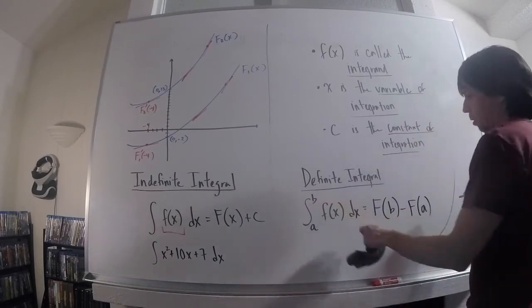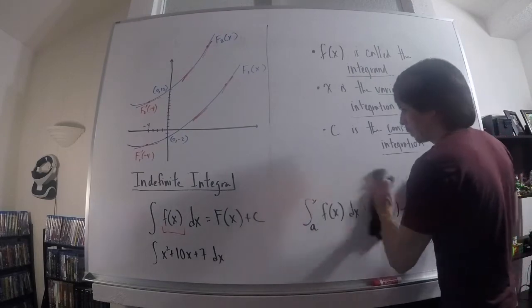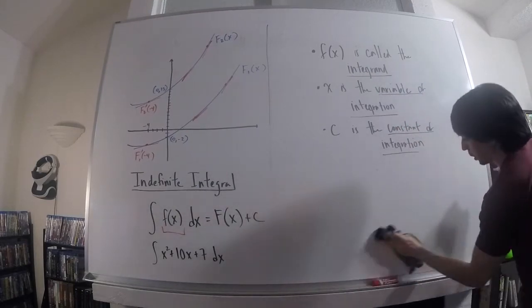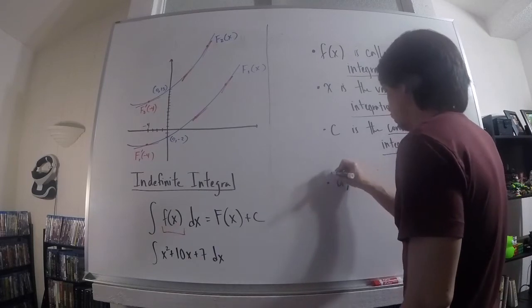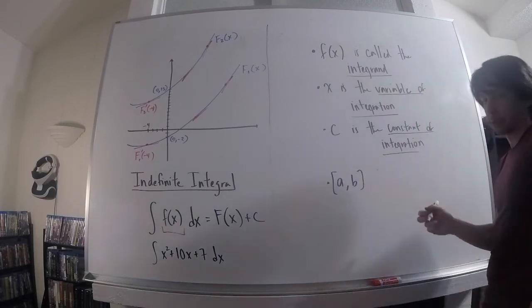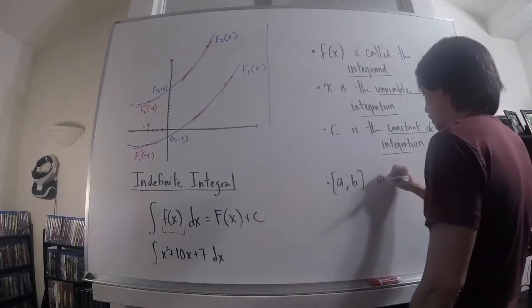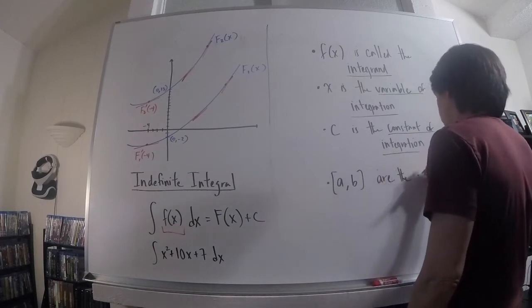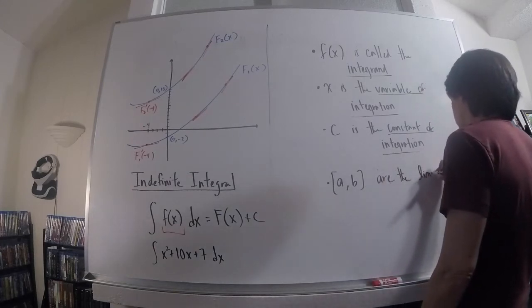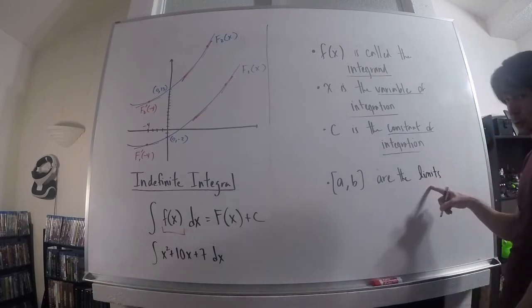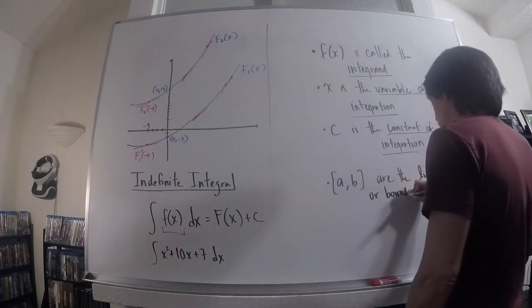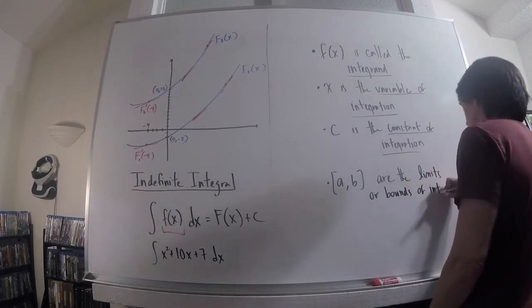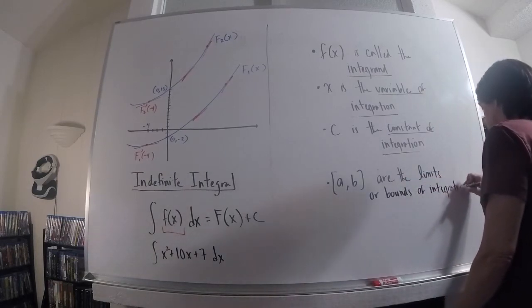A and B here are called, well, I'll write it in now, but I'll probably come back to it in 5.3. The lowercase a and b are going to be an interval from a to b. So a to b are the limits, not the same as our usual limits, but the bounds of integration.